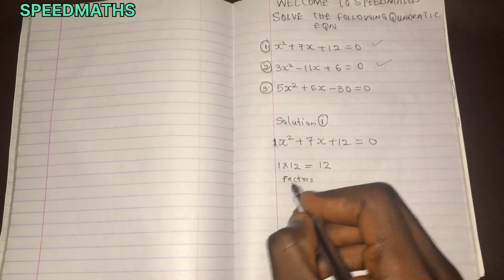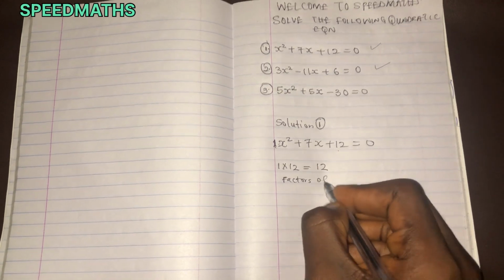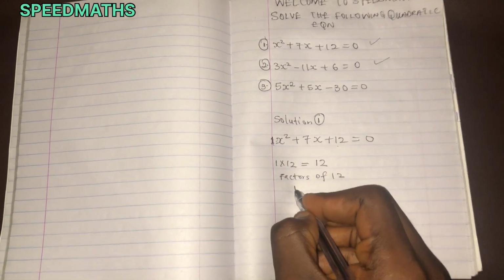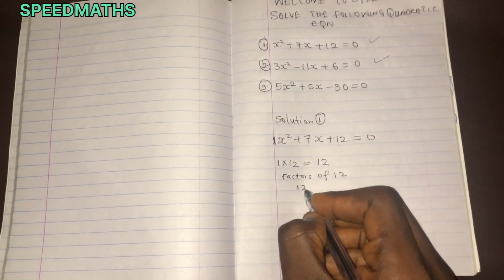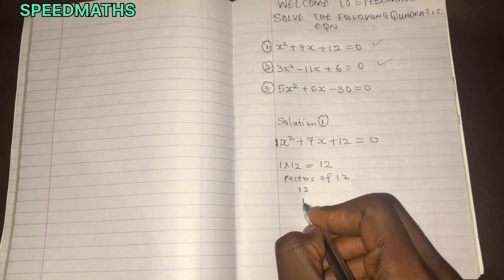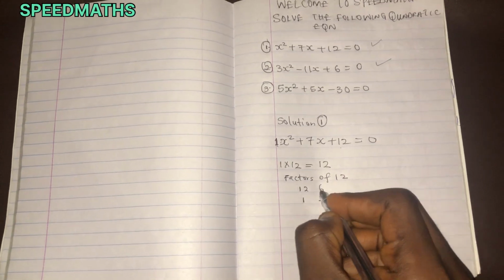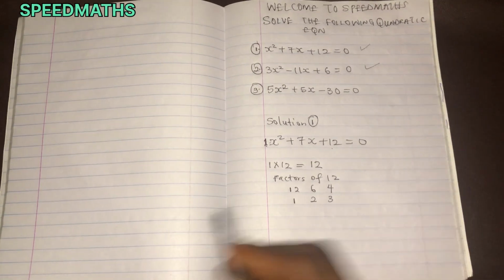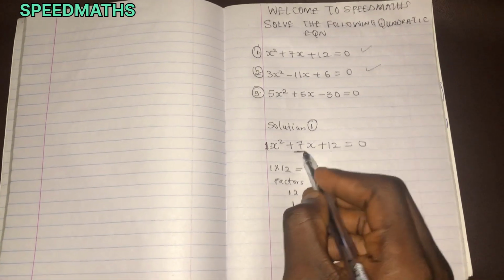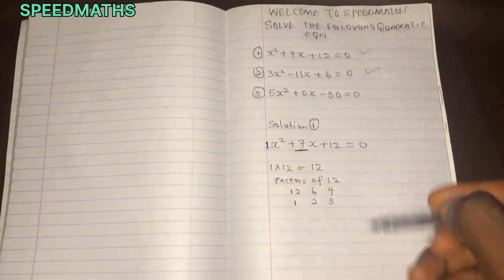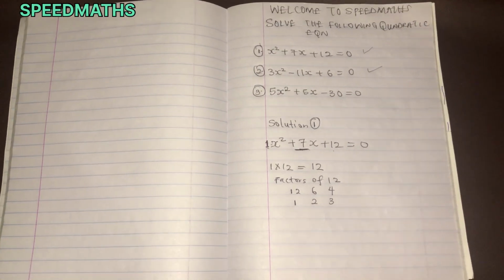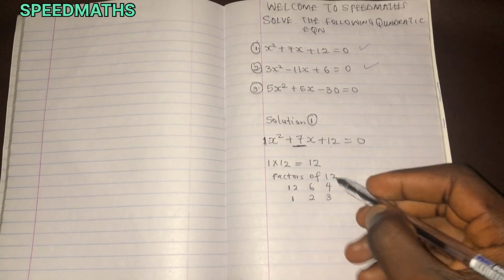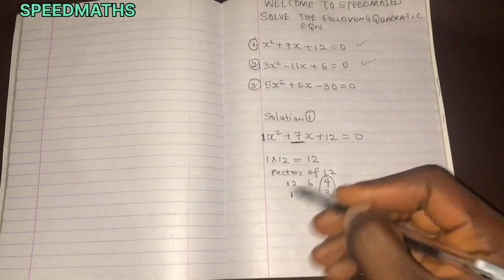What are the factors of 12? Always do it this way to be easier. 12 and 1, that's 12 times 1, 12. 2 times 6, 12. Then 3 times 4 is 12. We're looking at the factors that match up 7. Which of these factors, when added, will give us 7?